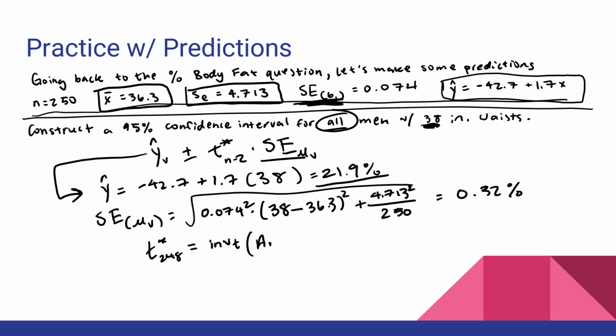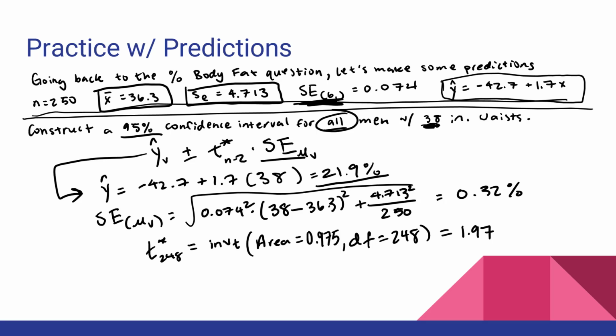And then we put in an area and a degrees of freedom. So our degrees of freedom, we just said, is 248. And for a 95% confidence interval, the area we put in is going to be 95% plus half of what's left outside, so 2.5%. So our final area is 0.975, and our t-score is 1.97.